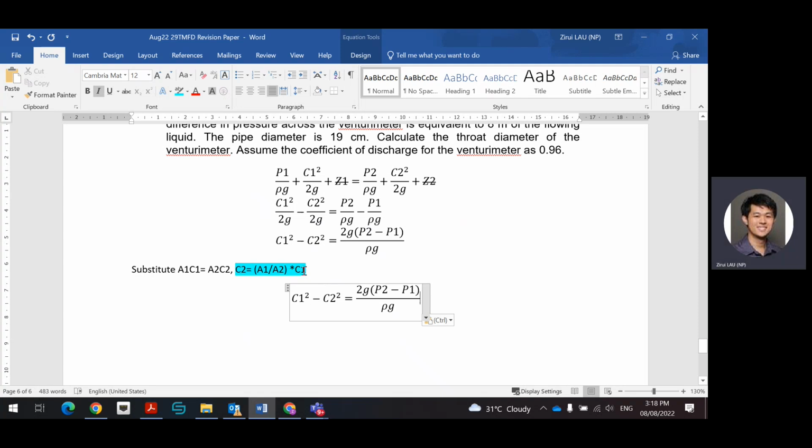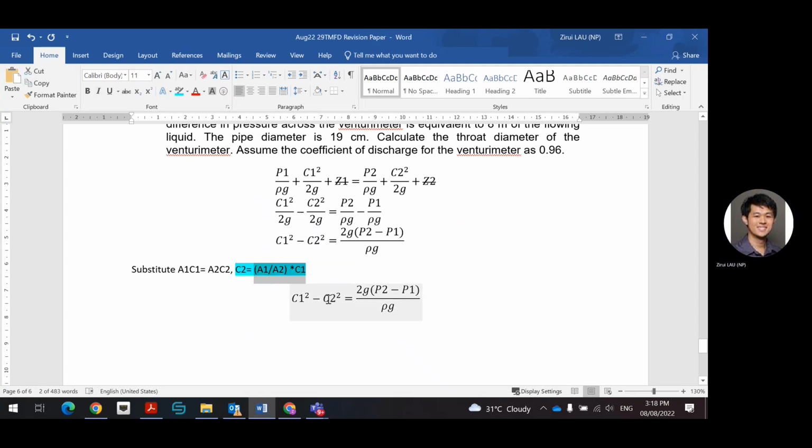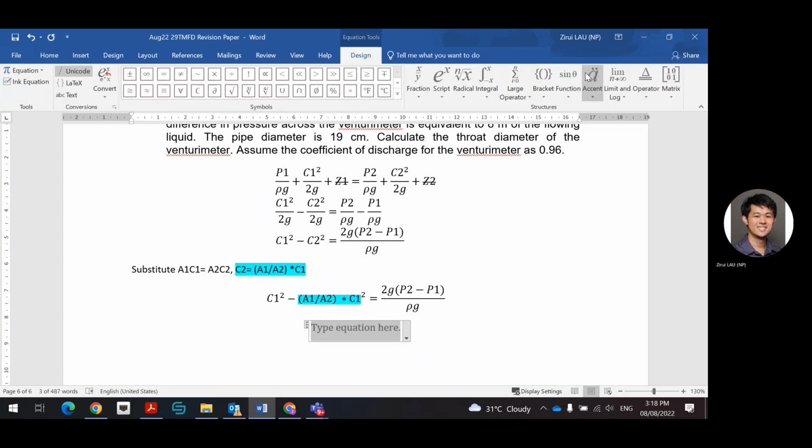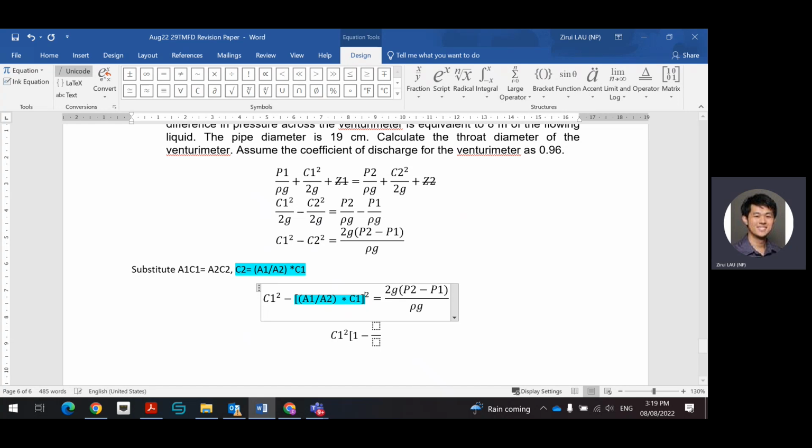So I'll replace this guy. With that, I will sub out my C1 squared. Better put the bracket properly.